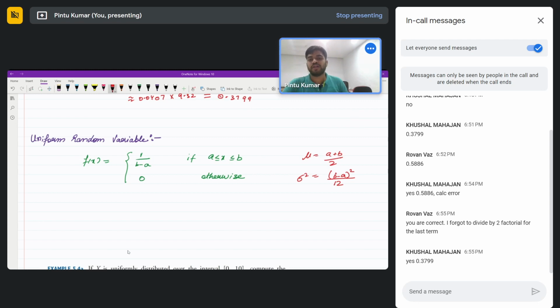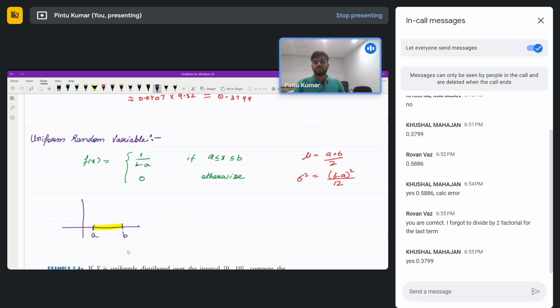So what is a uniform random variable? Let's say you have some portion, this is your A and this is your B. What a uniform random variable says is that you have equal probability of getting any point between A and B.